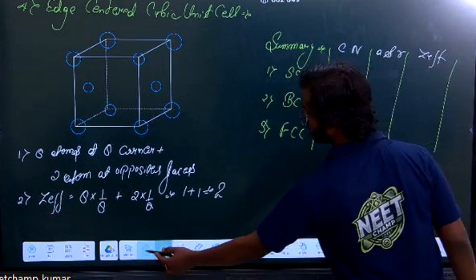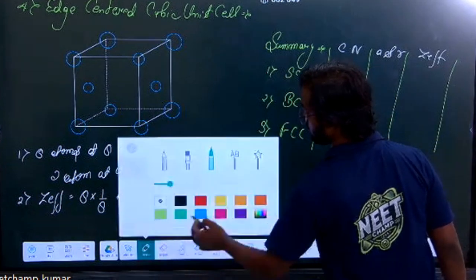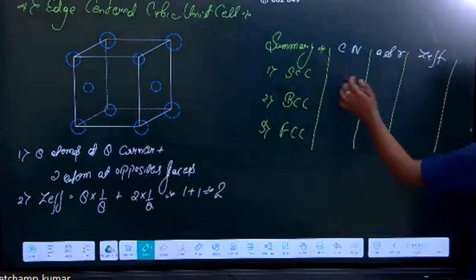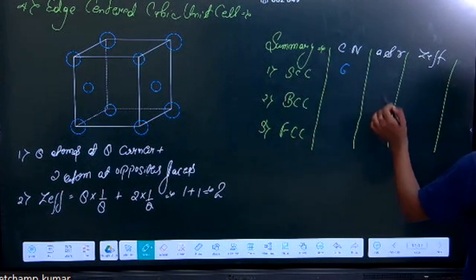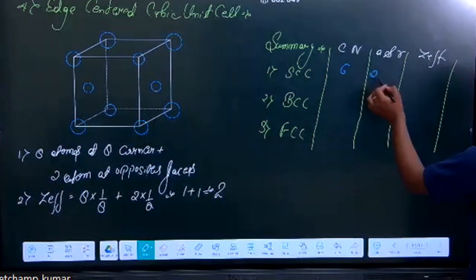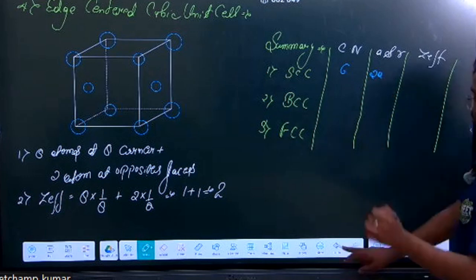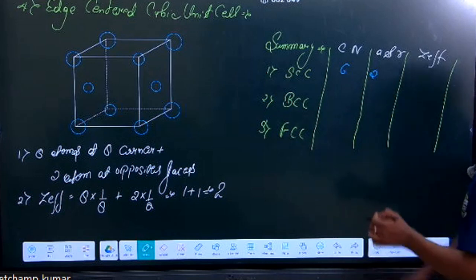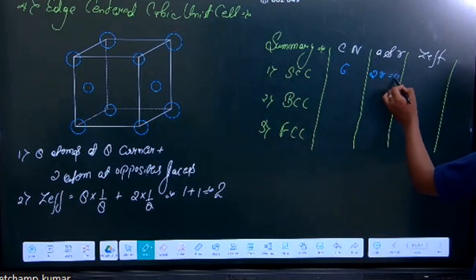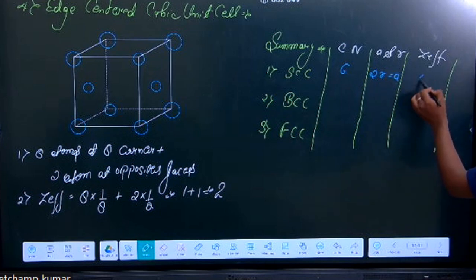So for the simple cubic unit cell, the coordination number is 6. What is the a and r relation? 2 times r is equal to a. What is Z effective? Z effective is 1.